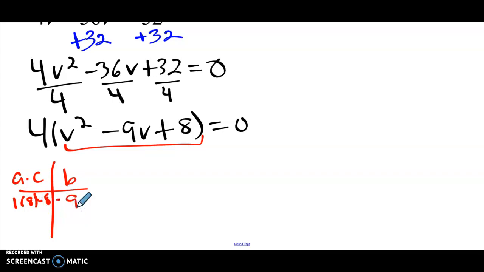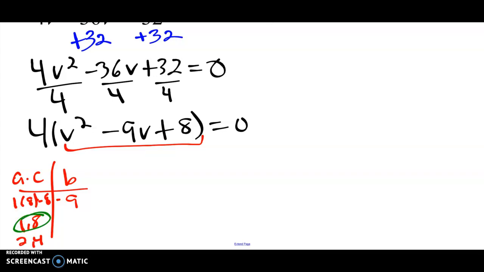So this time, factors of 8 would be 1 and 8, and 2 and 4. And so the only ones that you can use to give you a sum of negative 9 would be negative 1 and negative 8. Okay.